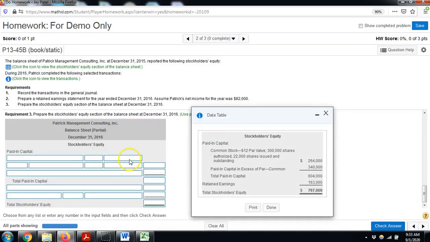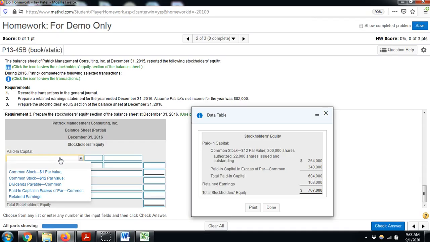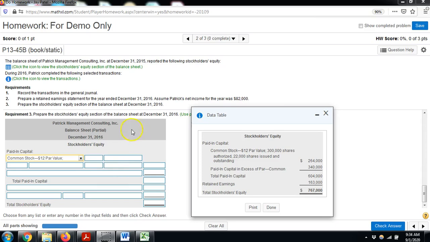Okay, so now we're going to have to do our equity section of our balance sheet. So there's no preferred stock, so we're going to start with our common stock. So from here, we see that there are 300,000 shares authorized.